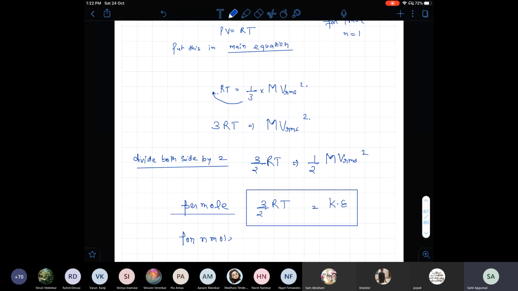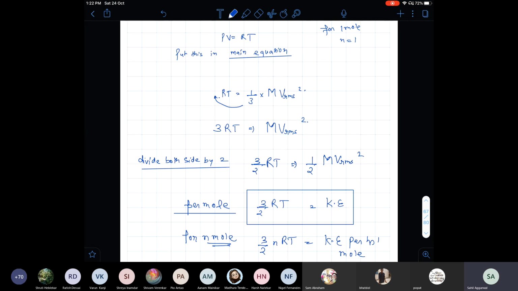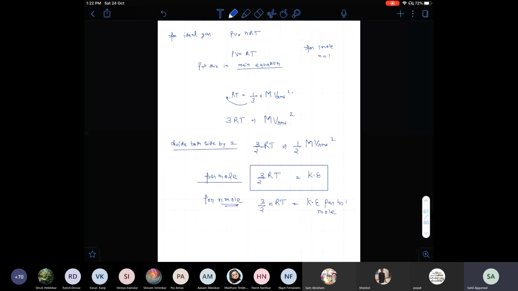For n moles, it will be 3 by 2 nRT. For 1 mole, 2 moles, 3 moles, 4 moles, it will be 3 by 2 nRT. Any doubt clear?